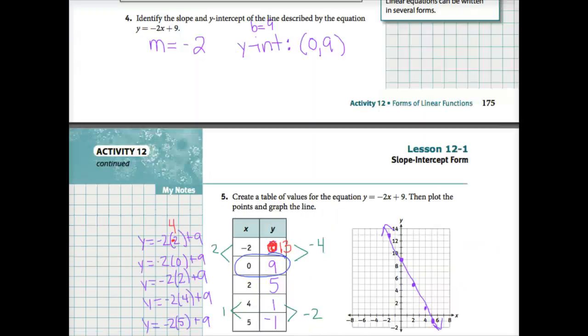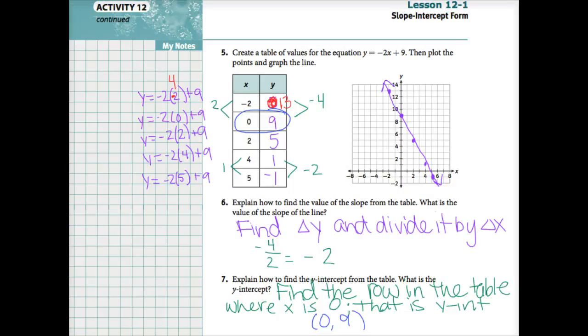So if I go up to the graph here and I pick any two exact points, so let's say I pick these two right here. If I draw my little triangle that I've taught you guys to do, going from this point down to this one, I went to the right 2 units. Right values are positive values.